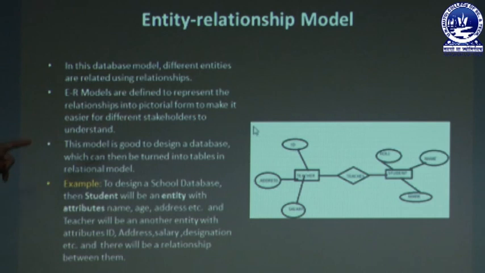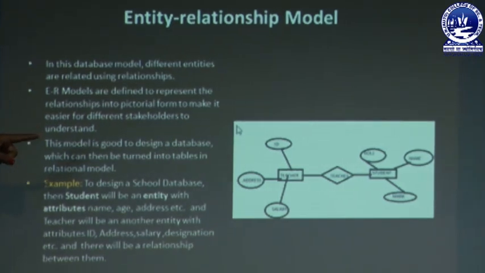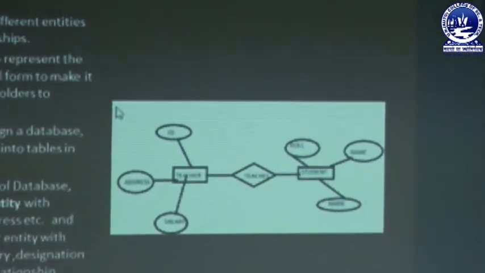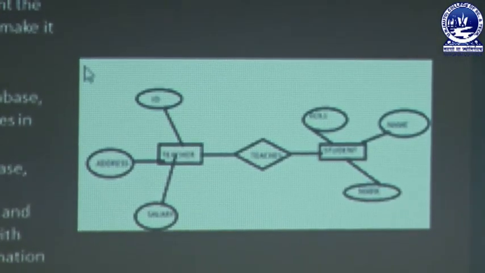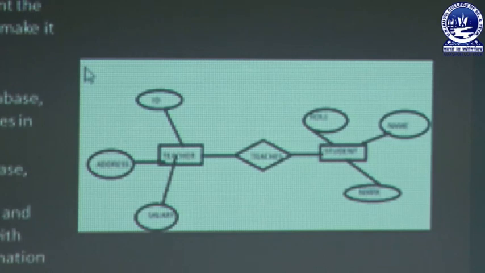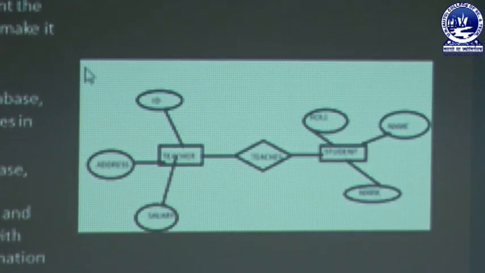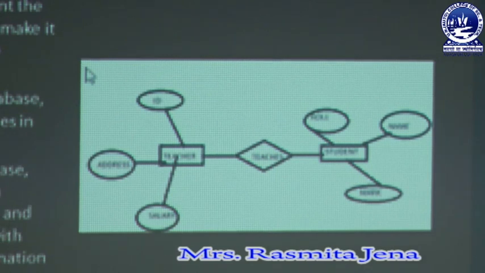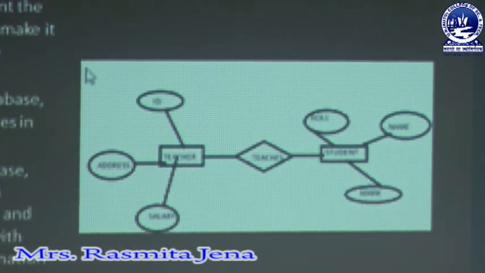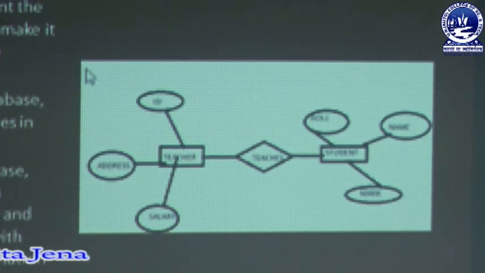The entity is represented by a rectangle symbol and the attributes are represented by oval symbols. Similarly, the teacher entity is represented by a rectangle symbol and its attributes by oval symbols, and the relationship is represented by a diamond symbol. We can discuss this very briefly in our next video. And this is the entity relationship model.